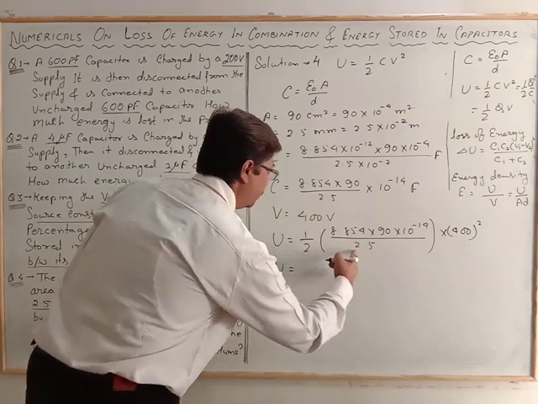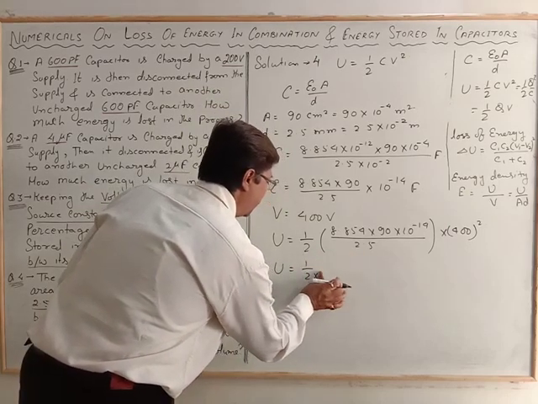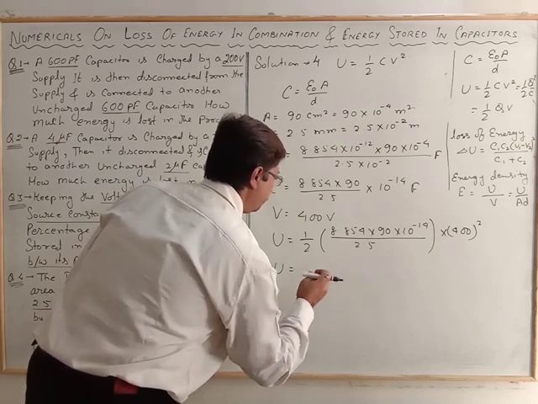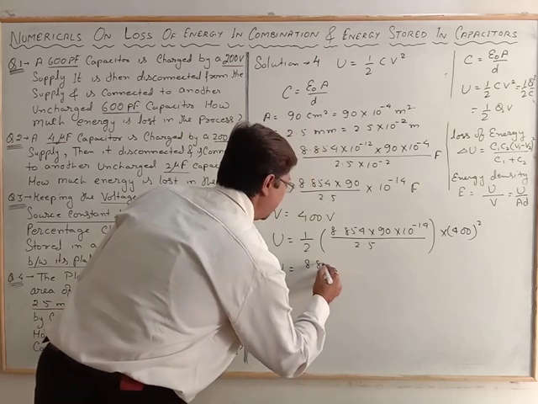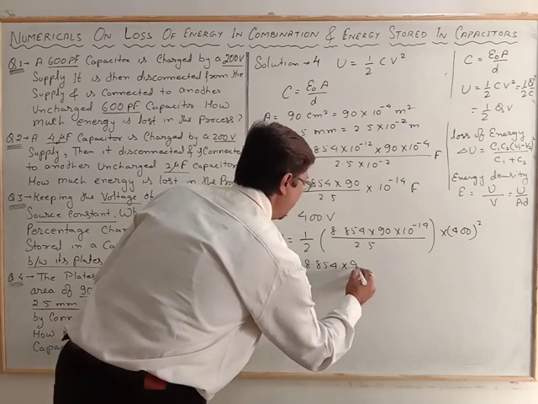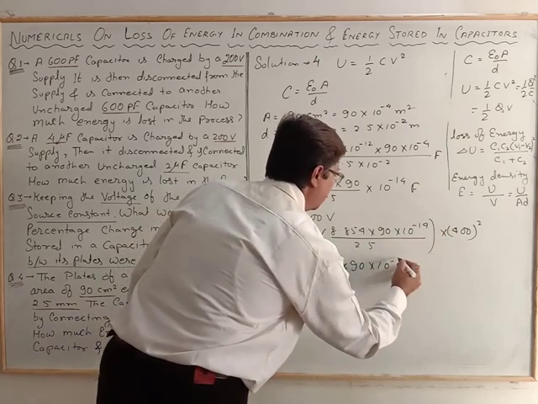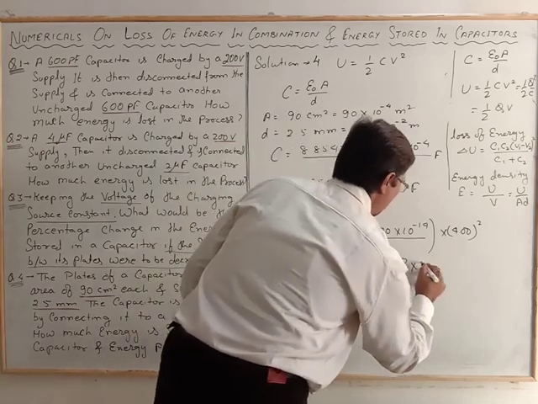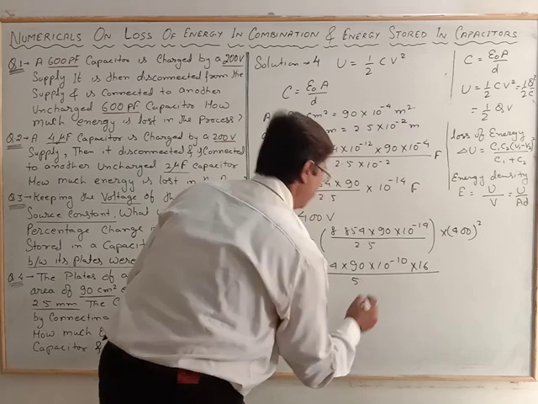So that becomes half into 2.5, that is 5 complete. 8.854 into 90 into 16 into 10 to the power minus 10 by 5.